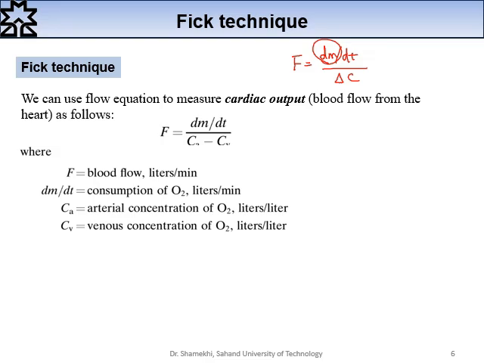The Fick technique is based on oxygen, and as you know, oxygen is a part of the blood, and oxygen is not an invasive material inside our blood. Therefore, we can use it as a safe material to find the flow of the blood.